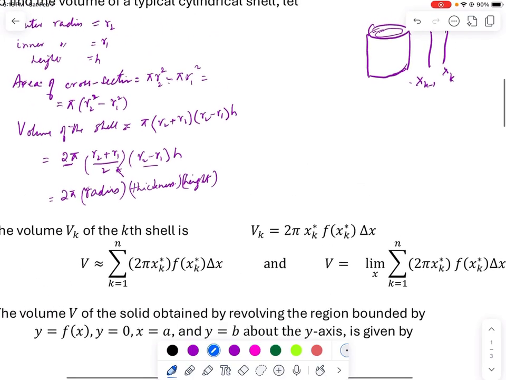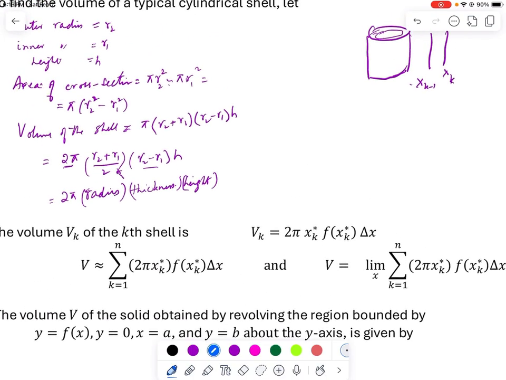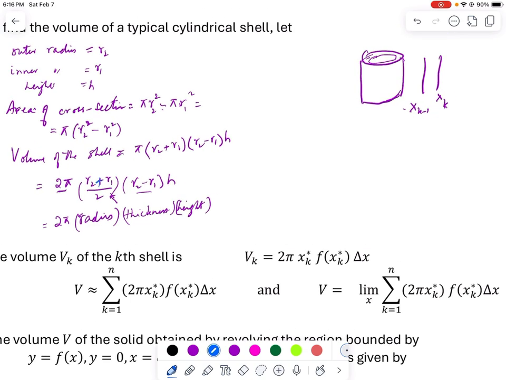The radius, remember, in our case the outer shell had the radius xk and the inner shell had the radius xk minus 1.